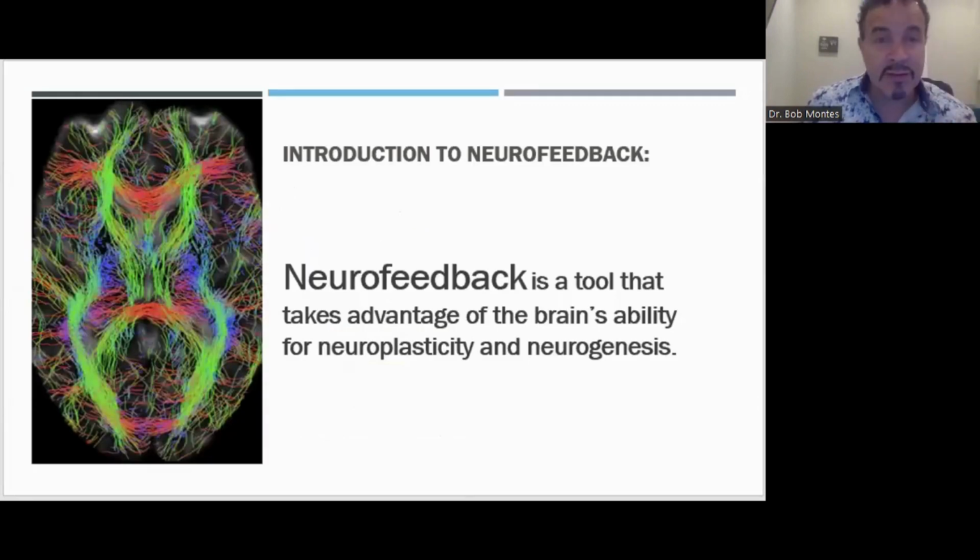When we introduce neurofeedback, neurofeedback is a tool that takes advantage of the brain's ability for neuroplasticity and neurogenesis. So we can literally change unhealthy neuropathways in the brain to more functional and healthy neuropathways using a combination of operant conditioning and feedback. So the brain changes in 3 basic steps.